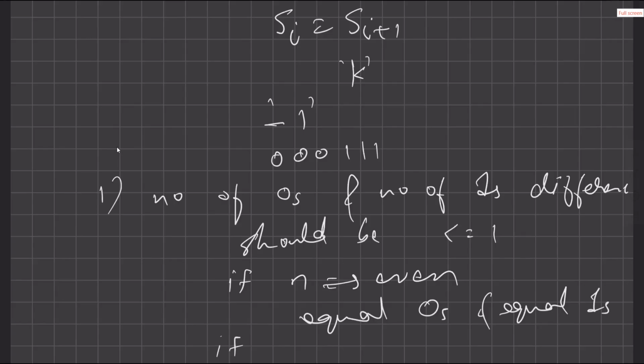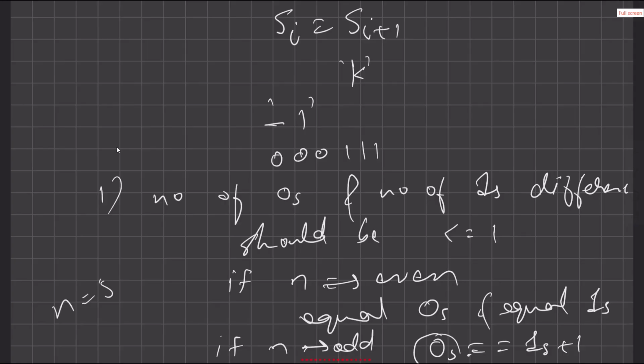And if n is odd, then definitely one element will be more. Let's say in my case I'll take 0 as the more frequent one, so the number of zeros will be equal to the number of ones plus 1.